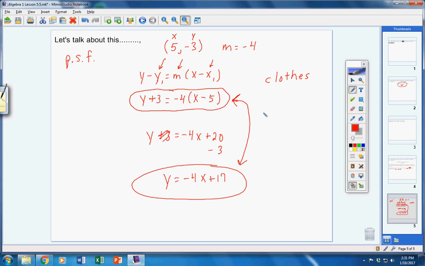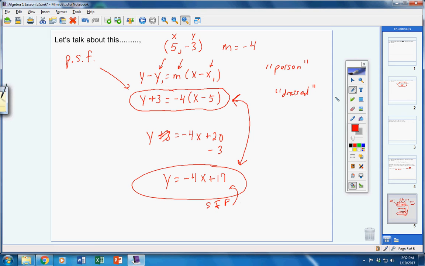You just look differently because you're dressed differently. These two equations are the same person. They're just dressed differently. Okay, that's the only difference. Alright? This is the point slope form, and this is the slope intercept form right here.